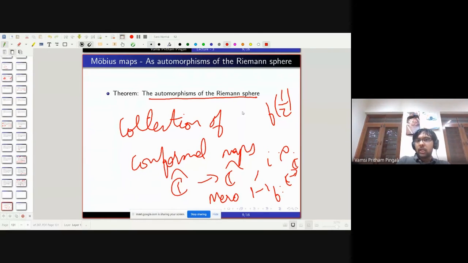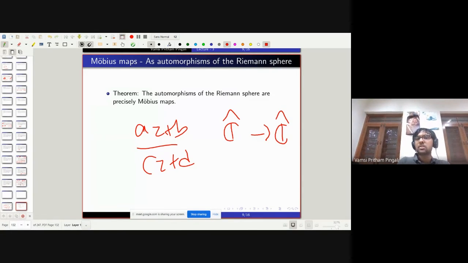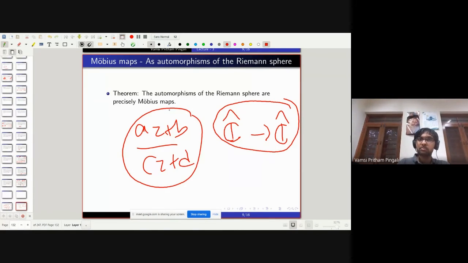The collection of all such conformal maps are precisely Mobius maps. In other words, Mobius maps are examples of conformal maps of the Riemann sphere to itself. My claim is these are the only conformal maps. The automorphisms of the Riemann sphere are precisely Mobius maps.